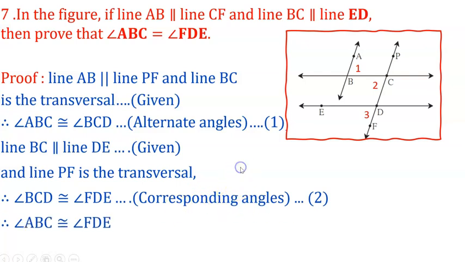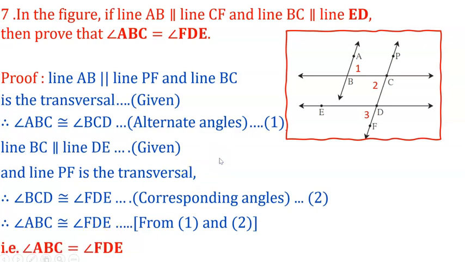And hence the angle ABC is congruent to angle FDE, as angle BCD is common for these two. Therefore angle ABC is congruent to angle FDE, and therefore the measure of angle ABC is equal to the measure of angle FDE, and hence we have proved it.